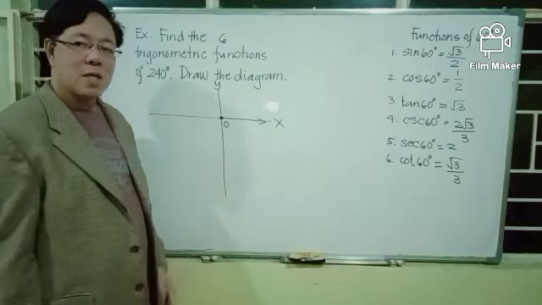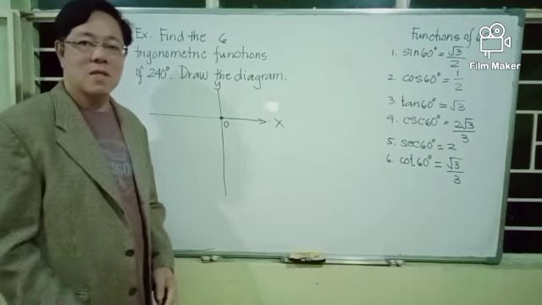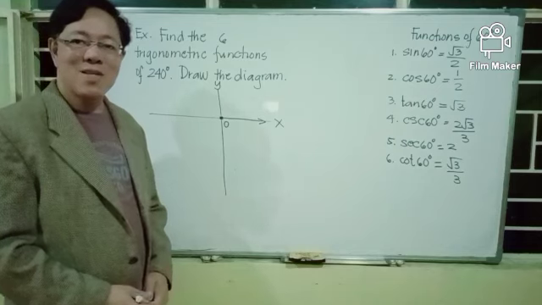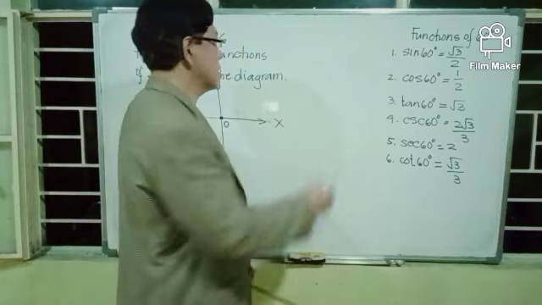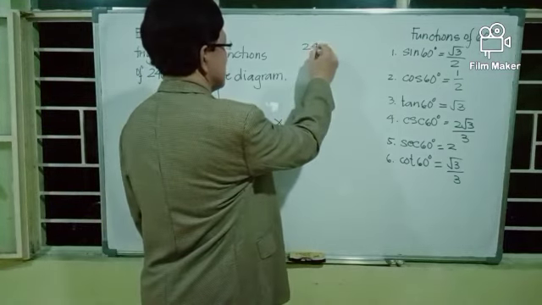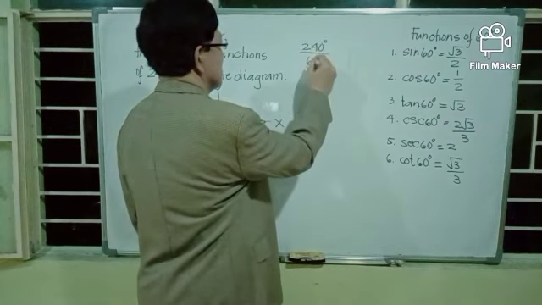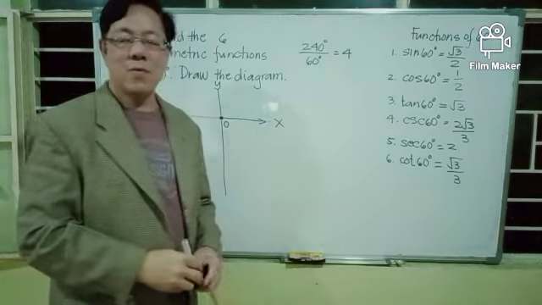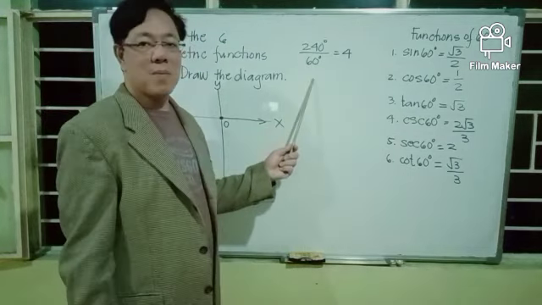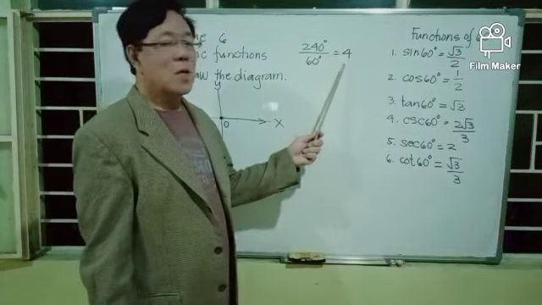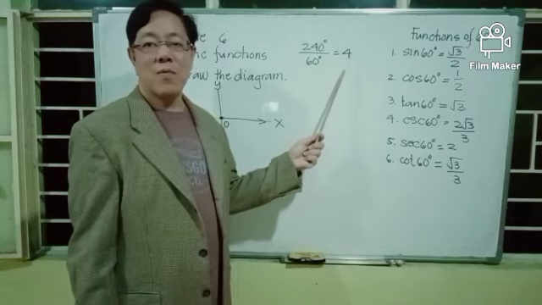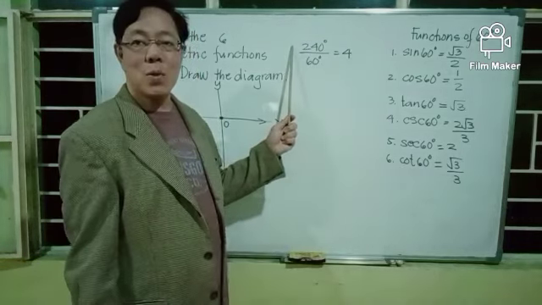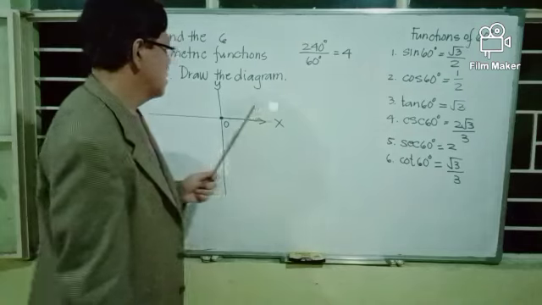And 240 is divisible by 60. If you divide 240 by 60, you will get 4. 240 degrees divided by 60 degrees is equal to 4, which means that there are 4 60-degree angles in 240 degrees.